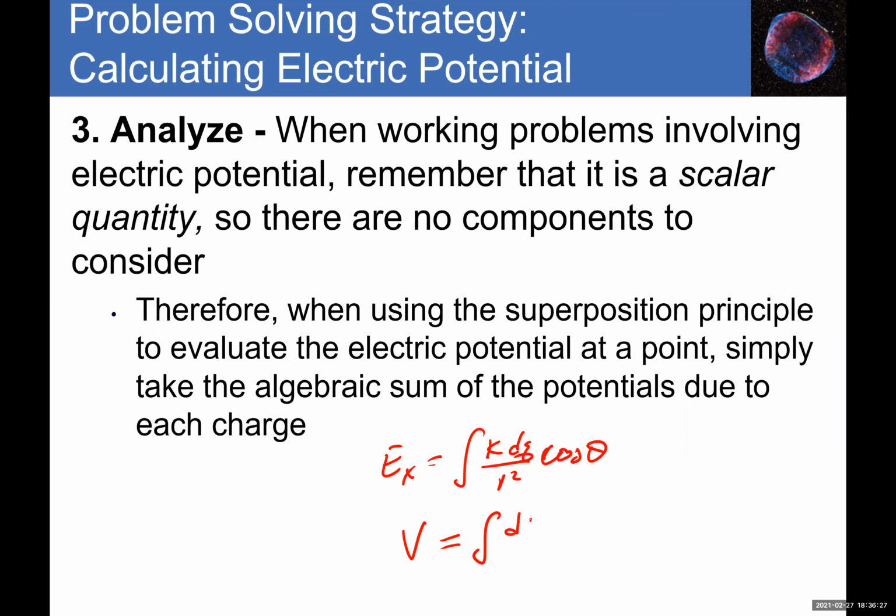So it's always going to be just dq, so k dq over r. That's it. There's no sine or cosine additionally added, which sometimes makes our calculations or integrals a little more complicated, because a lot of times that makes our calculation a little bit difficult, where we had to do the trig substitutions and things like that. Anyways, so using the symmetry, try to then find the potential due to either a system of particles or a continuous distribution.